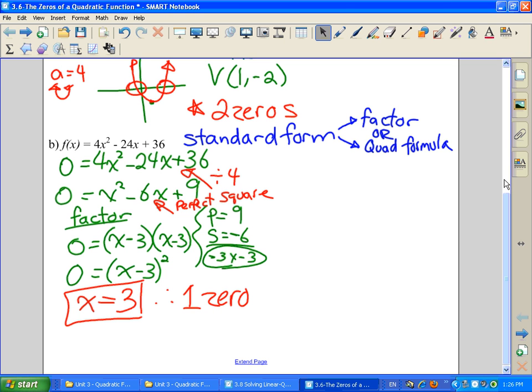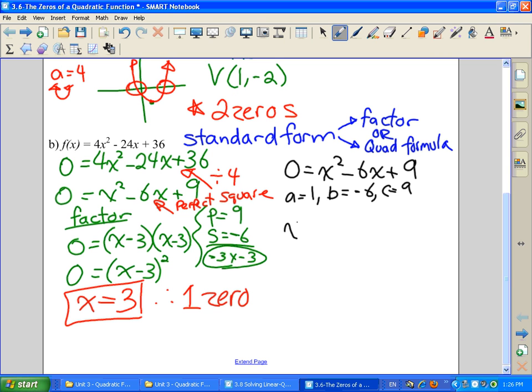Okay? How does that look like instead of if we didn't factor, if we use that same expression and we did quadratic formula? So again, A equals 1, B equals -6, and C equals 9.